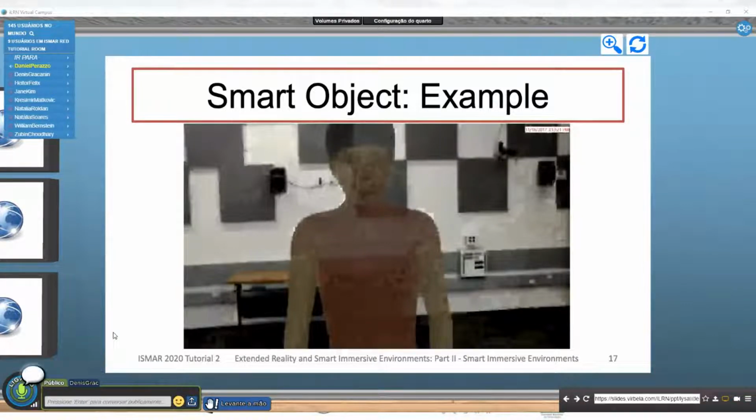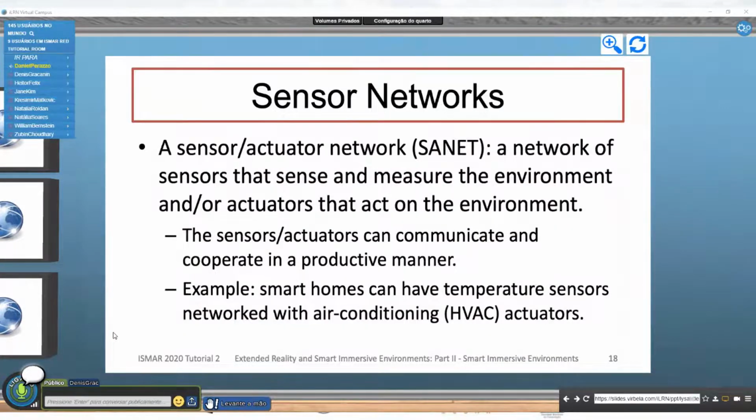In more general sense, we are talking about sensor networks when we have a sensor actuator network, or SANET, where we have a network of sensors that distribute all across a number of smart objects that sense and measure the environment, and then we also have actuators that act on that environment.